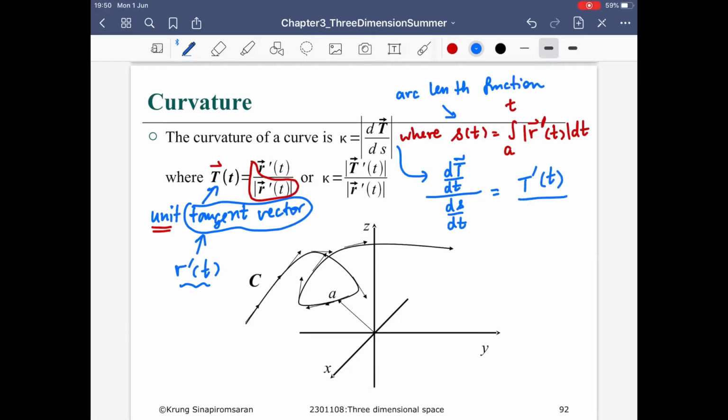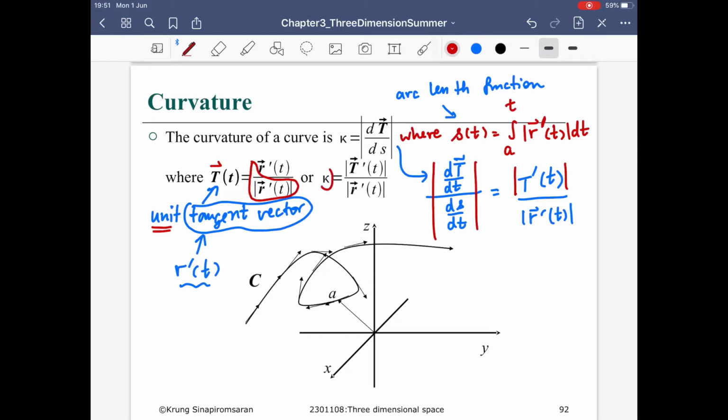You can simply use the fundamental theorem of calculus, right? Because here is the integration and there is the derivative, so as they meet, you get r prime t out of it. And don't forget that we still have the absolute value or the magnitude, so you should find the magnitude as well.